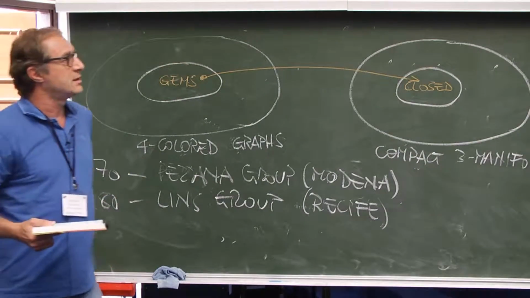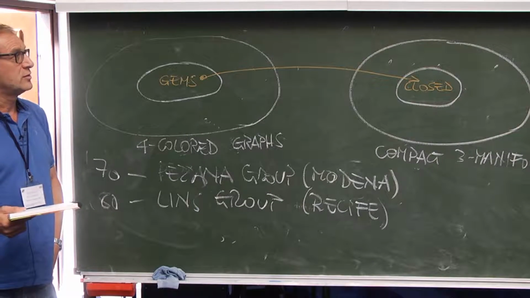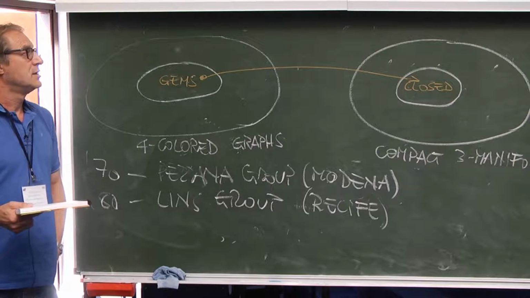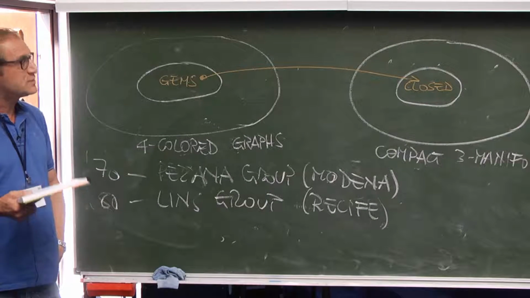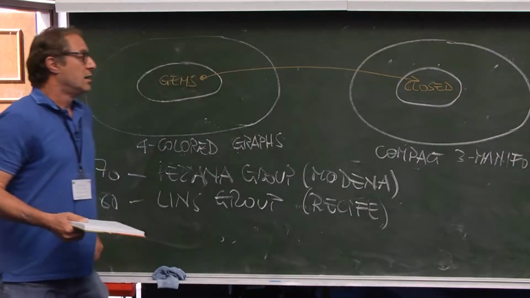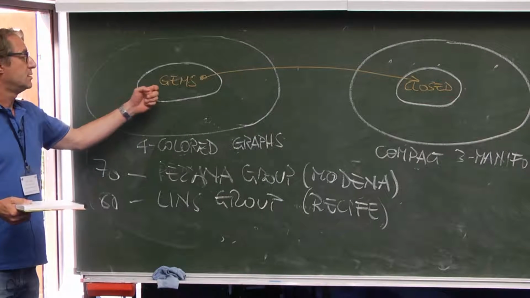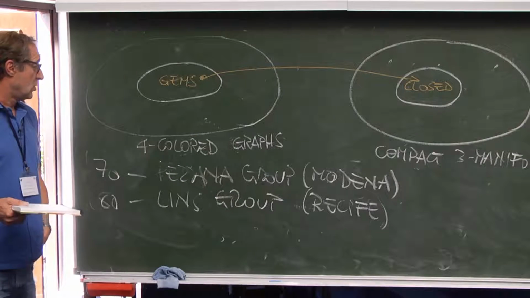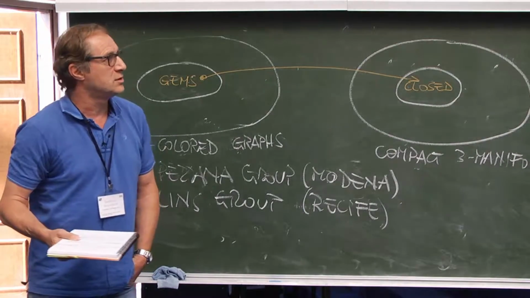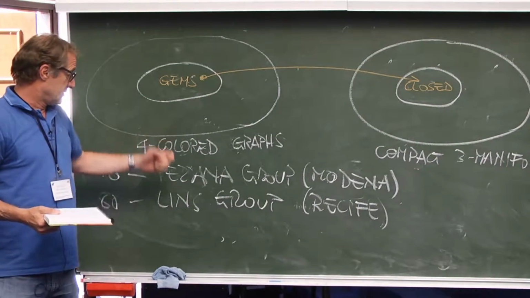Of course, if you fix a number of vertices, there are only finitely many four-colored graphs of that order, and they give a big catalogation and classification of closed 3-manifolds representable by gems of order less than or equal to, I don't remember, 32 or 34 vertices, the last classification.